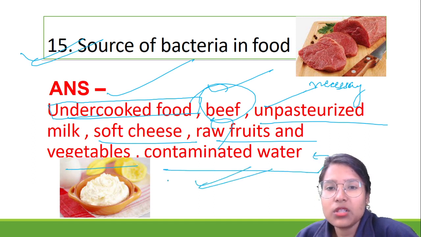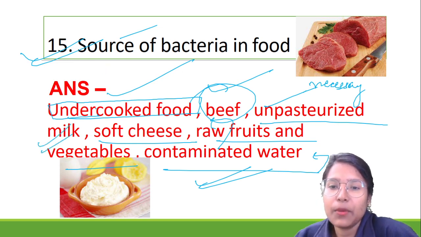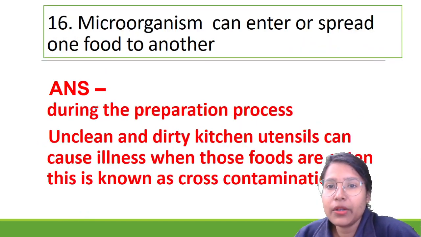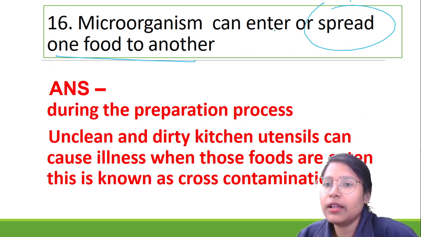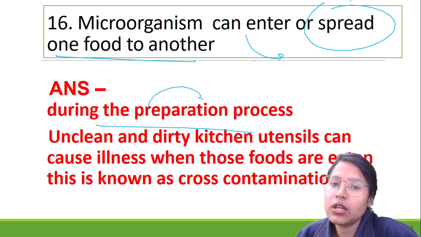These are generally responsible for the sources of bacteria in that particular food, that is vegetables, contaminated food, raw fruit. Microorganisms can enter or spread from one food to another. How? During the preparation process, when we are preparing the food, there will be chances that the pathogen can enter from one place to another.